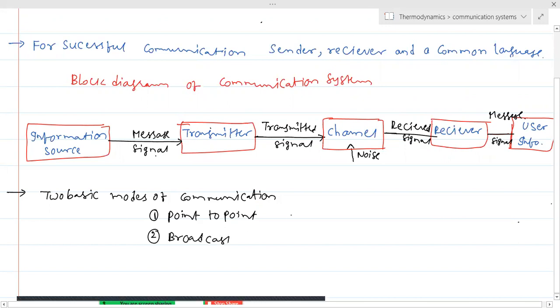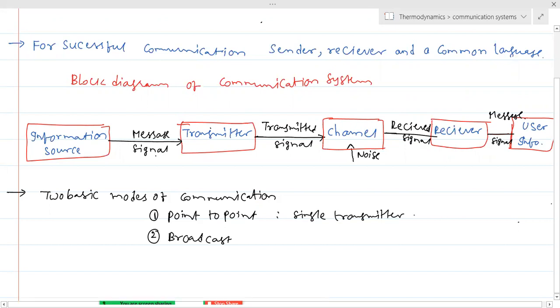Point to point means we generally have a single transmitter and a single receiver. Suppose we are chit-chatting with our friend, we become the transmitter and he or she becomes the receiver.